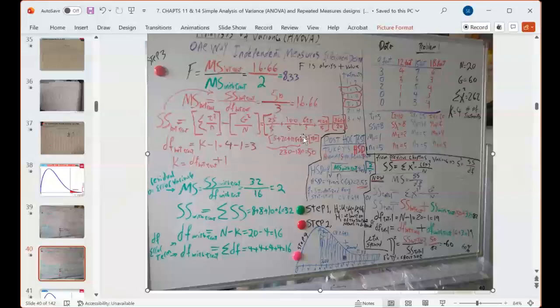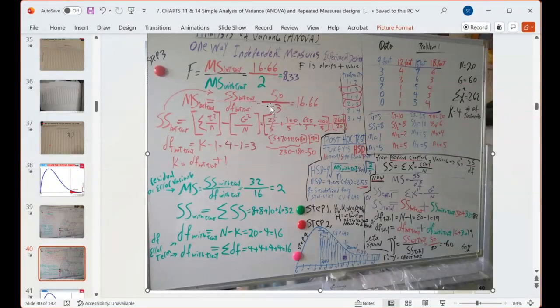That's one bracket, minus G squared. G is 60. You square it, it is 3600, divided by N, which is the total number of participants, 3600 divided by 20. And you subtract those two brackets, and that would be 230 minus 180, which is 50. So 50 is our SS between.